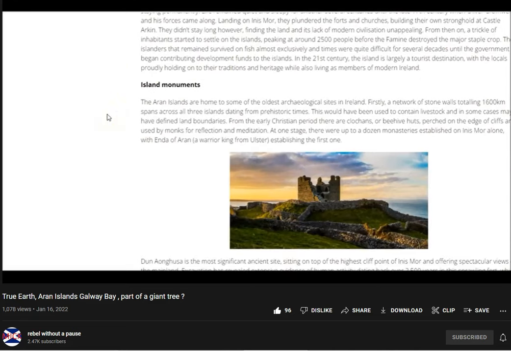So the Aran Islands are home to some of the oldest archaeological sites in Ireland. Firstly, a network of stone walls totaling 1600 kilometres spans across all three islands, dating from prehistoric times. This would have been able to contain livestock and in some cases may have defined land boundaries.